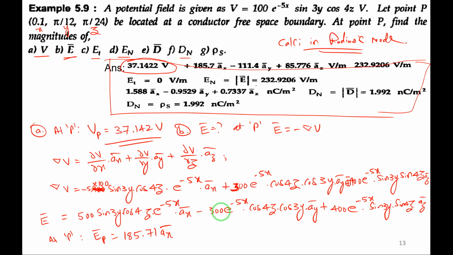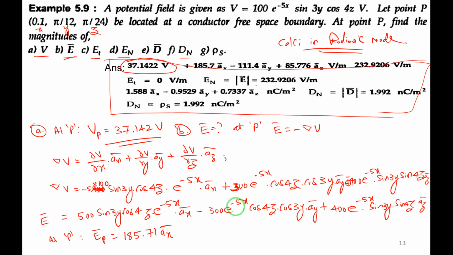Similarly I will calculate this entire thing, minus 300, right? So minus 300 into e to the power of minus 5 into x, x is 0.1. Then next is cos of 4z, cos of 4 into z is pi by 24, pi divided by 24.